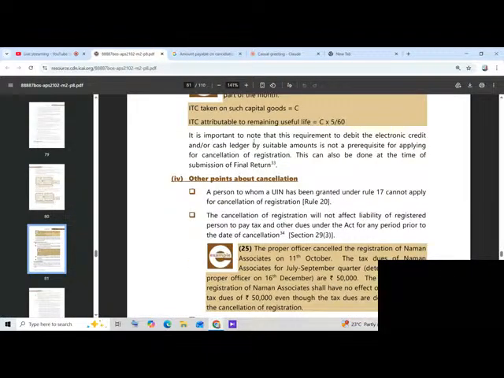And this point is also very important. Such capital goods, section 15, is market price on date of cancellation.